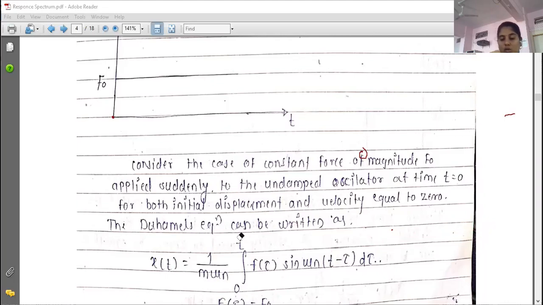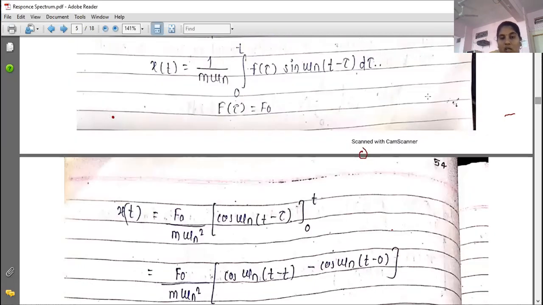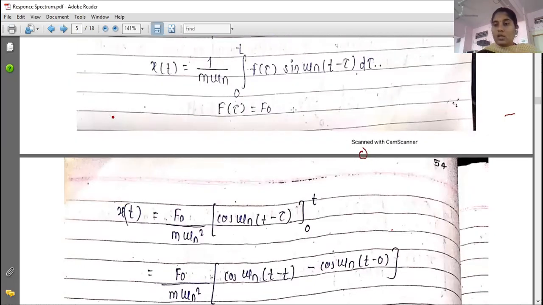That's why the first two parameters from this equation, related to x and to the velocity v, will become 0. And that's why the effect will be shown in terms of the third part, the Duhamel's integral part. It is an integration part only.